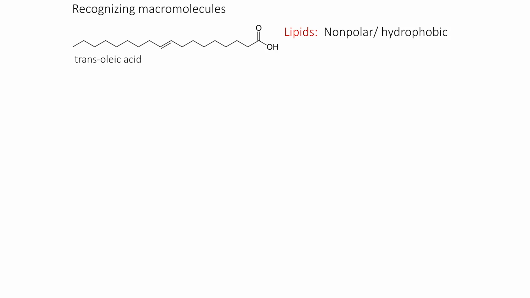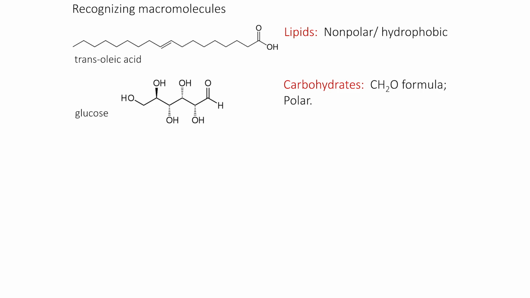The lipids: look for something nonpolar, hydrophobic. Lots of hydrocarbon, may have a little polar bit, but really most of it should be nonpolar hydrocarbon. The carbohydrates: look for the CH2O formula, and they're always polar because they've got a lot of oxygen groups and hydroxyl groups there, which are polar groups.